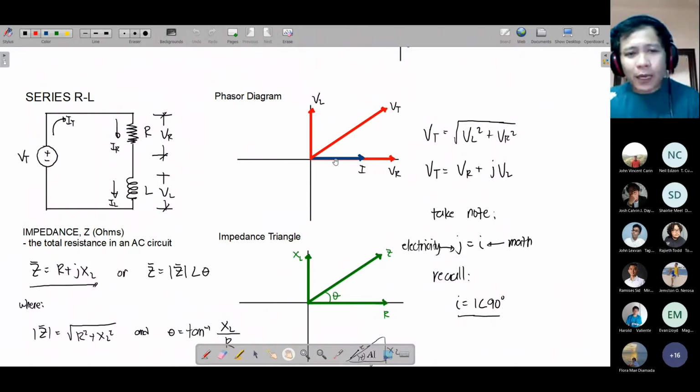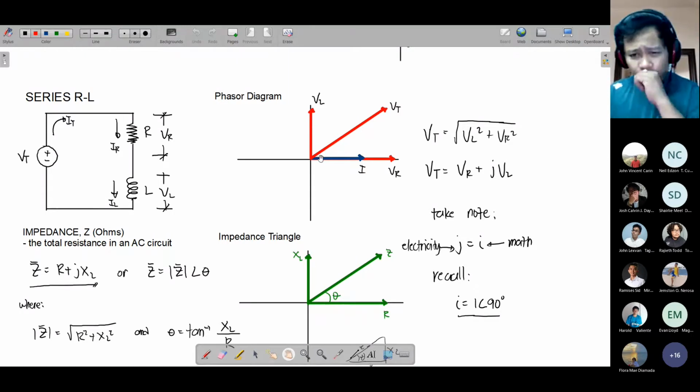Okay? So to maintain the behavior of your inductor where the current lags by 90 degrees, if the voltage of your inductor is here, then the current still lags by 90 degrees. So the behavior of the resistance being in phase is maintained, and the behavior of the inductor where the current lags the voltage by 90 degrees is maintained.